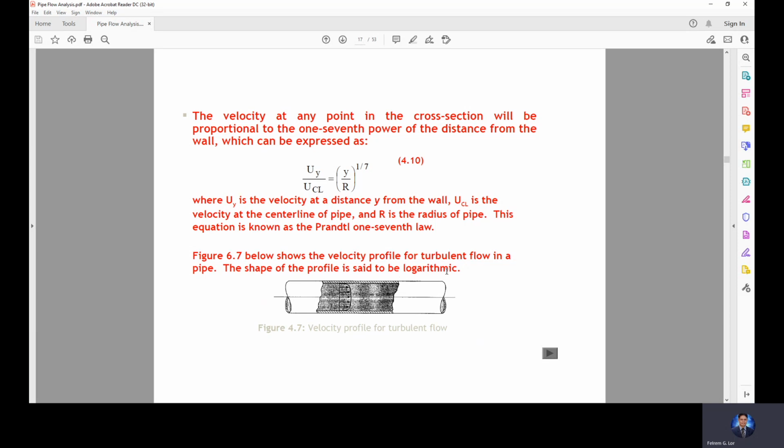That 1/7 power was developed by Prandtl. They, Prandtl and Hagen, were the front runners for about 6-7 decades, and they revolutionized the concept of fluid dynamics or computational fluid dynamics.